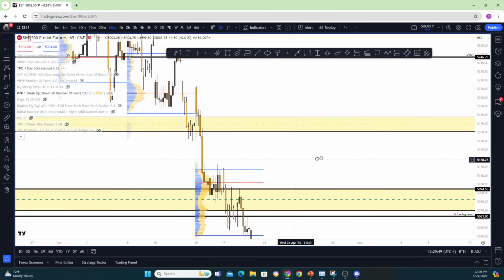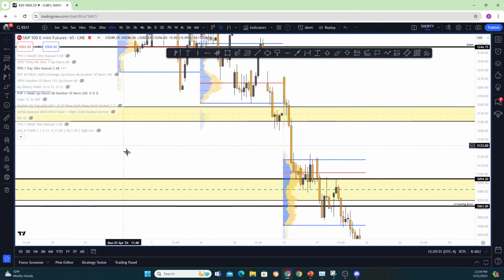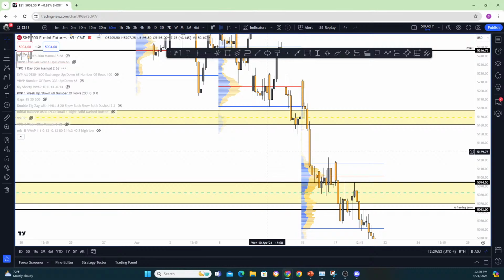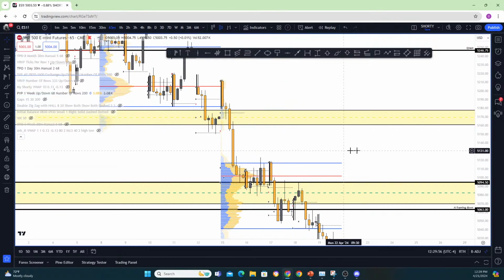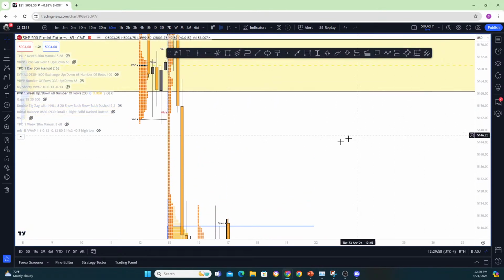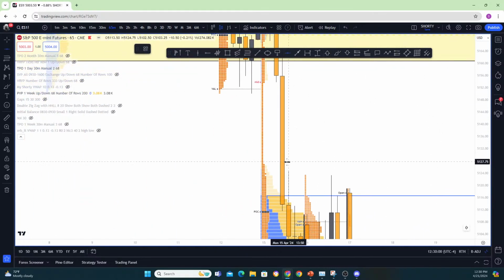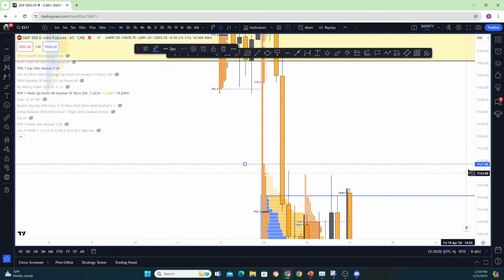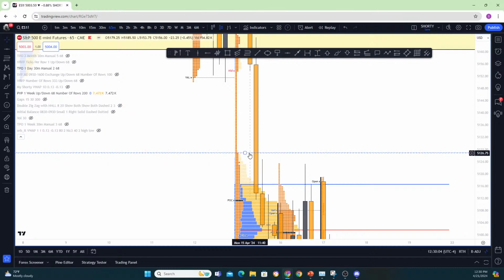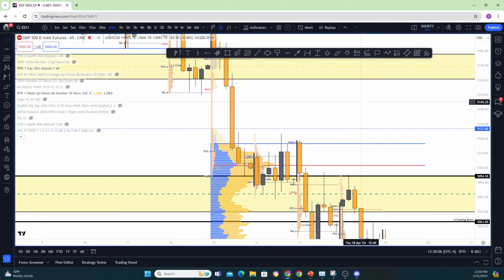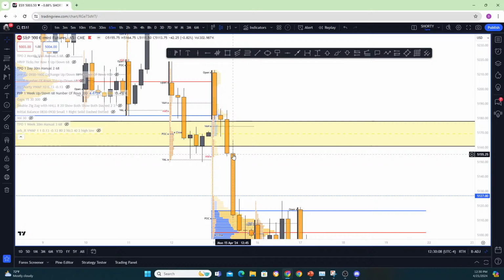No, so let me show you why 51.27 was super important. We did our analysis. Access low. There were single prints that we were watching for, and here, let's just mark it. 51.27 was the key level. If you guys remember, we talked about this day. It had a double distribution, and we needed to crack 27.